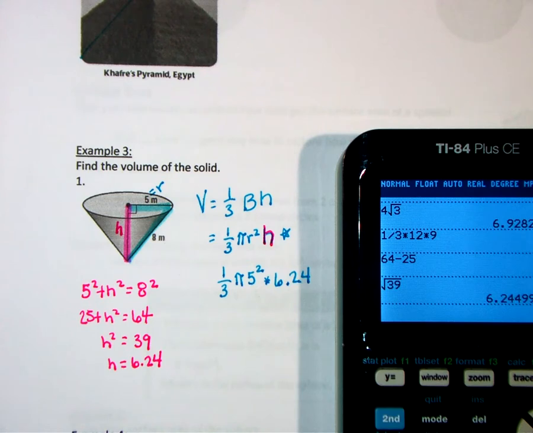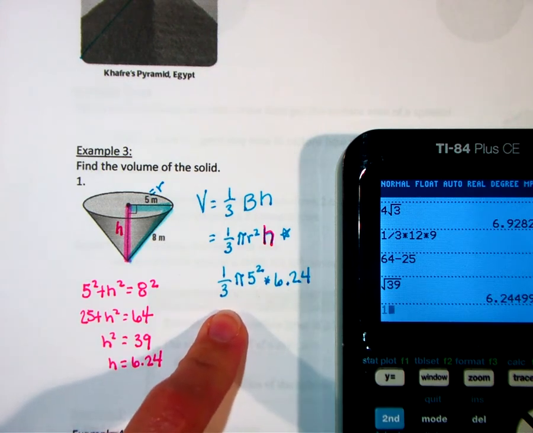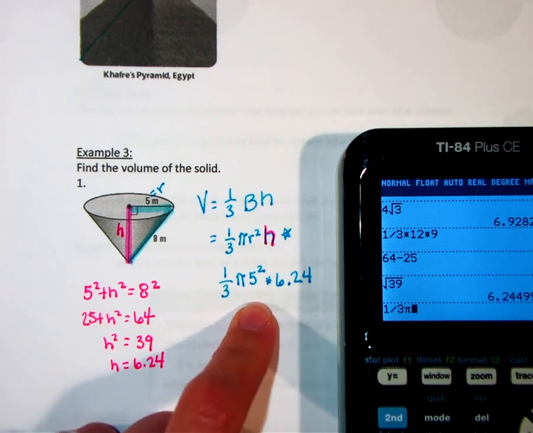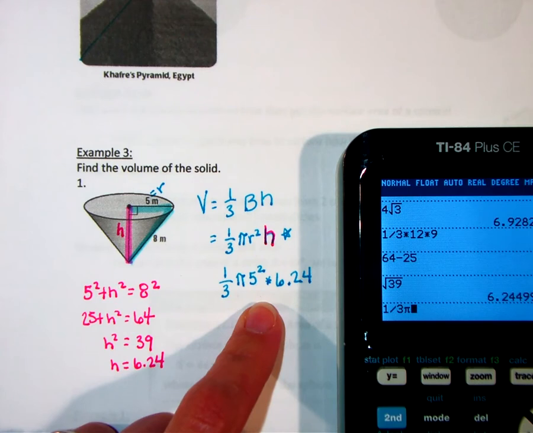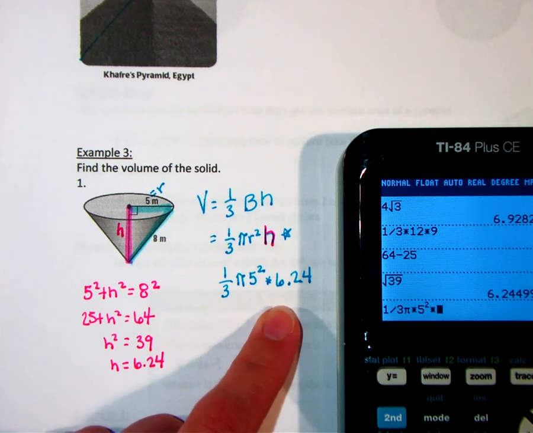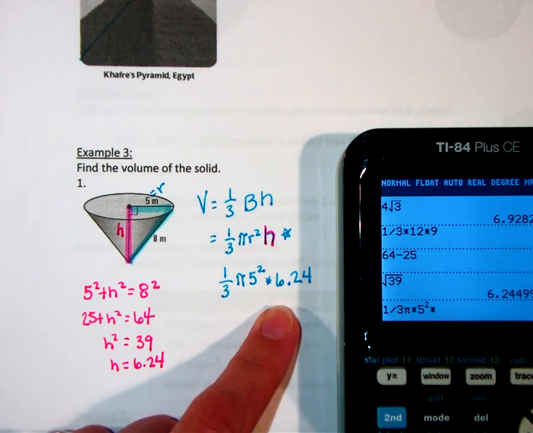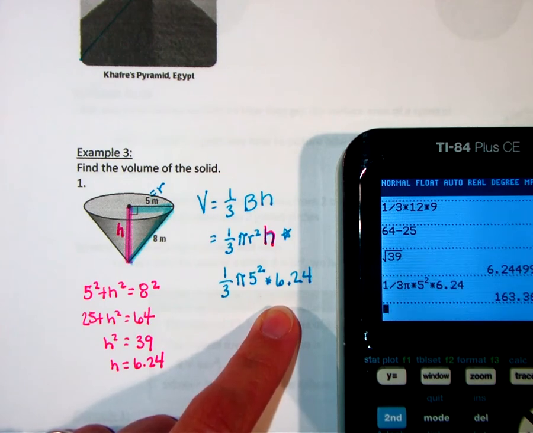But I'm going to guess a lot of you are probably working with Desmos on your calculator or on your phone. So 1 divided by 3 for the 1/3 times pi times 5 squared times, and then right here again, if you're using this calculator, you can go second answer and just pull down that answer, or you can type in 6.24.